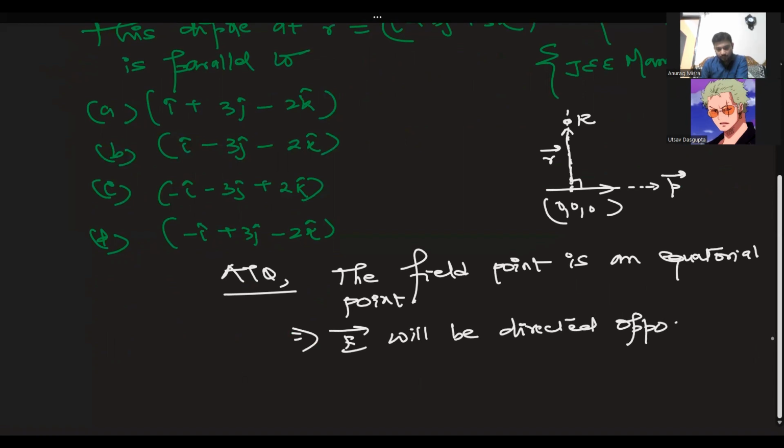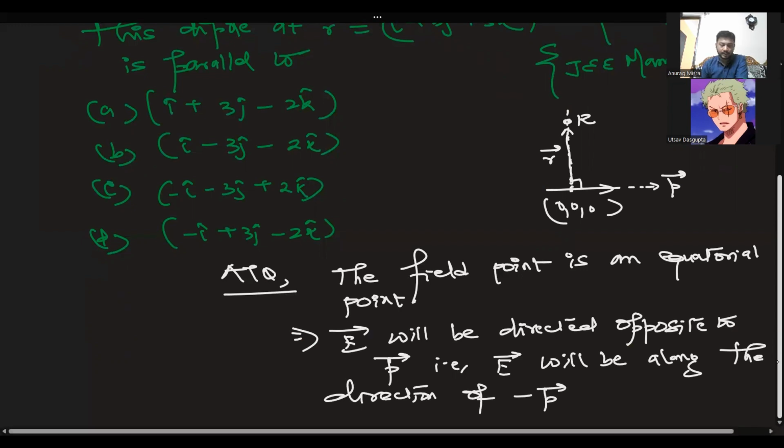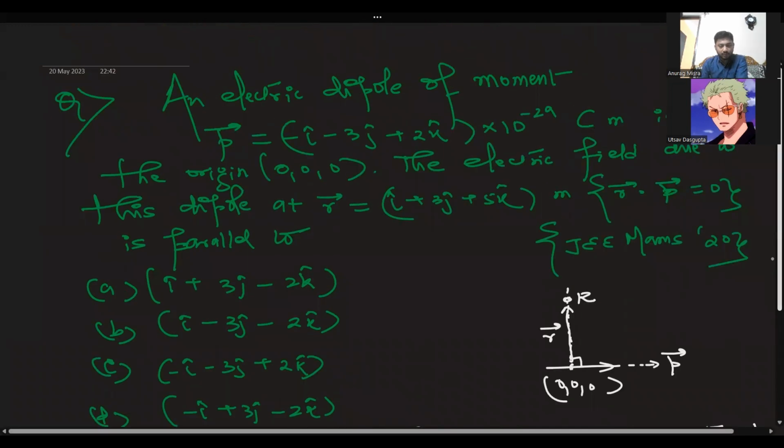যদি ইকুয়েটোরিয়াল পয়েন্ট হয়, this means the electric field will be directed opposite to dipole moment. That is, E will be along the direction of minus of P vector. ঠিক আছে, এবার P vector কি ছিল? minus i cap minus 3j cap plus 2k cap into something.